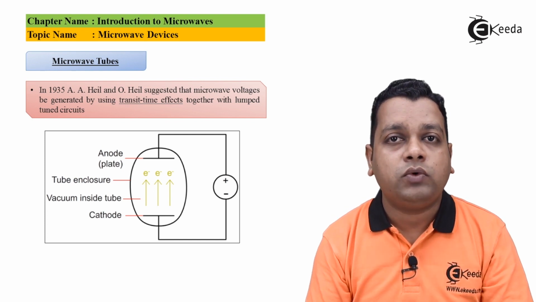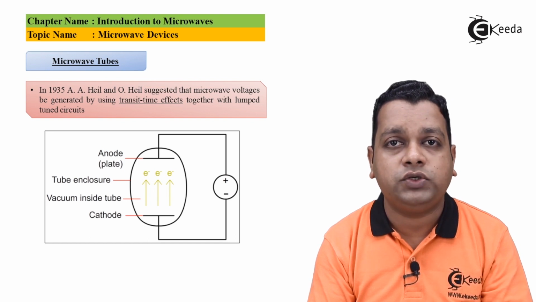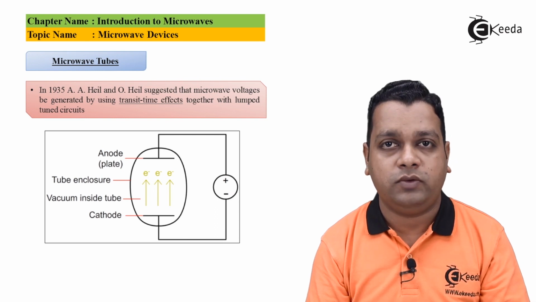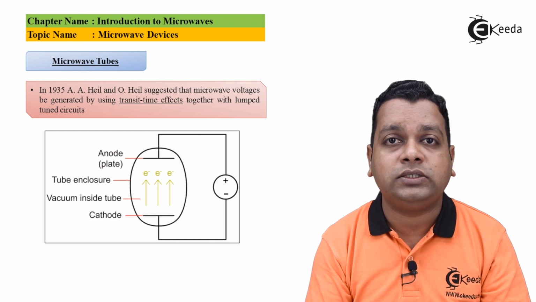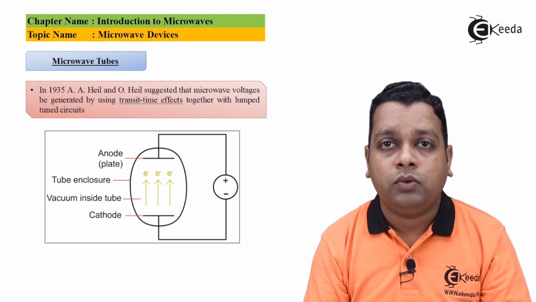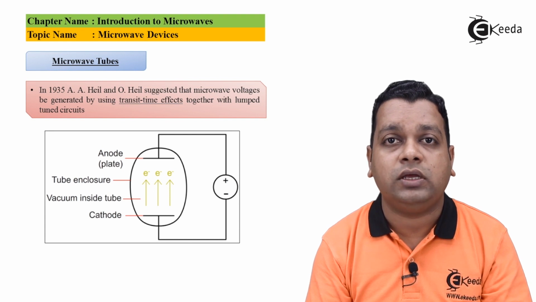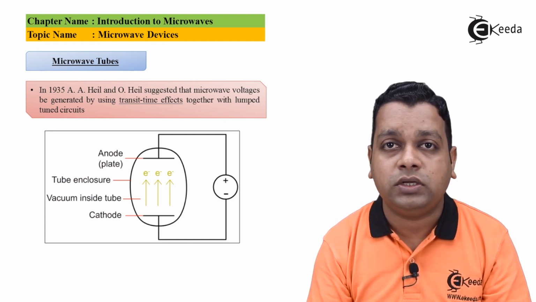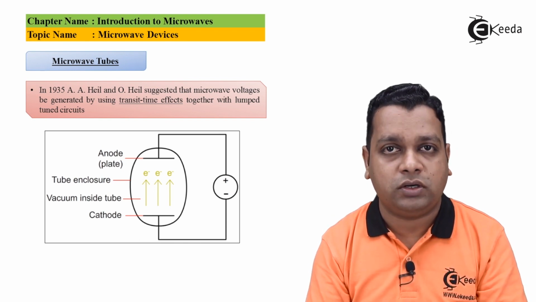Here the focus was that we should have a modification for the transit time of the devices. Transit time is actually the time taken by the charge carrier to flow from one terminal to another terminal. In the diagram you see a vacuum tube diode, and the electrons are shown moving from the cathode terminal to the anode terminal.